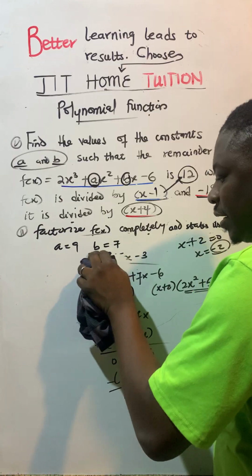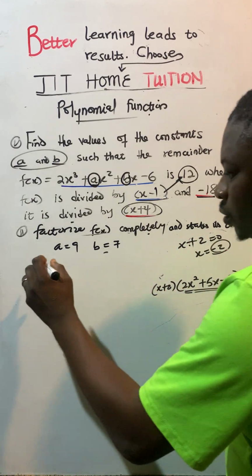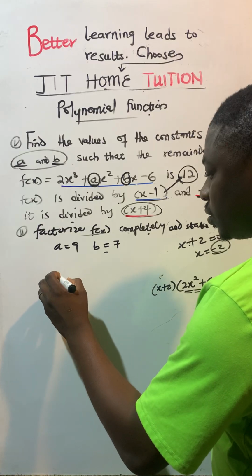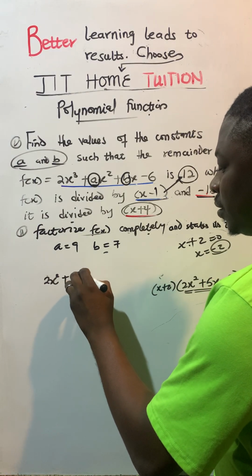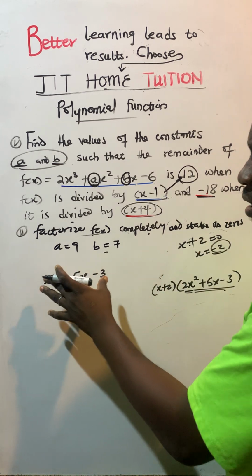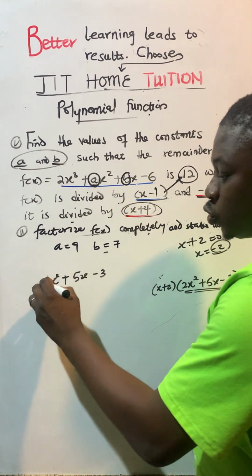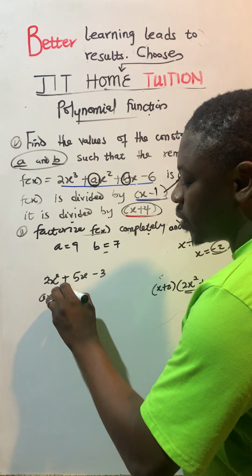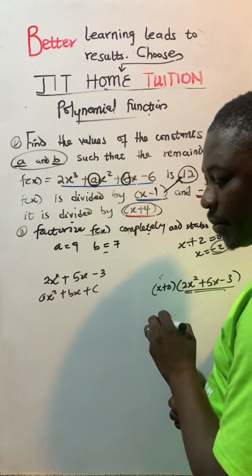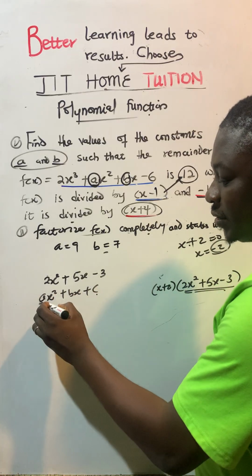So let me clean this side. You have 2x squared plus 5x minus 3. Now with what you have over here, it's a quadratic expression, in the form ax squared plus bx plus c. What you do is that the coefficient of the x squared will multiply the c.